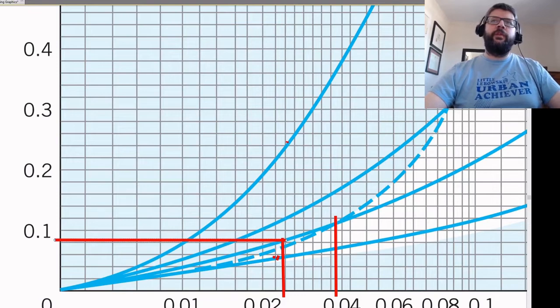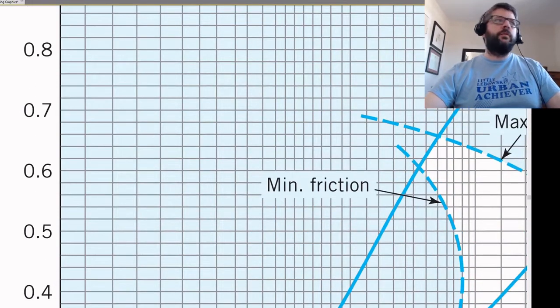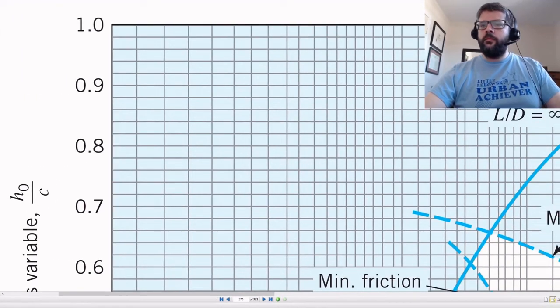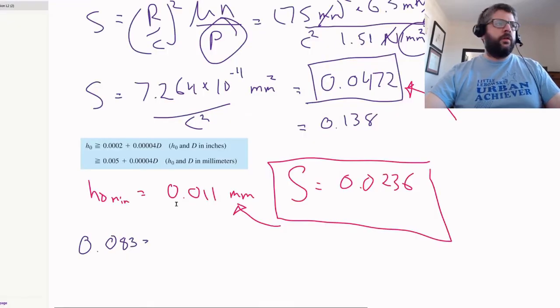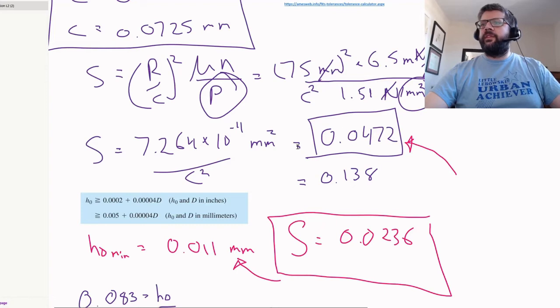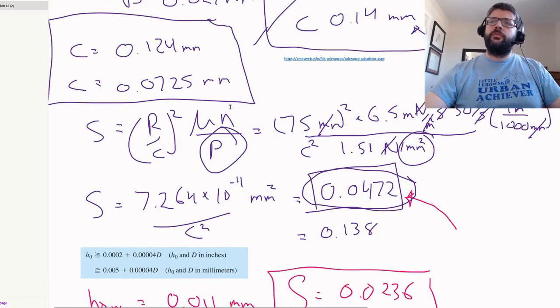So that minimum film thickness variable is again H naught divided by C. This particular one is the result of having the smaller S, which is the result of having the larger radial clearance.